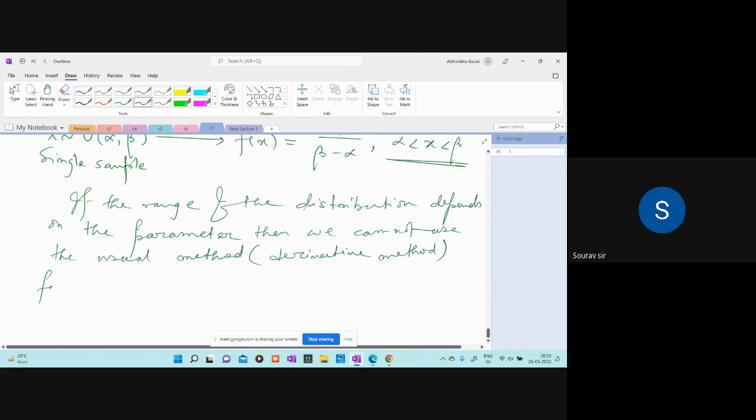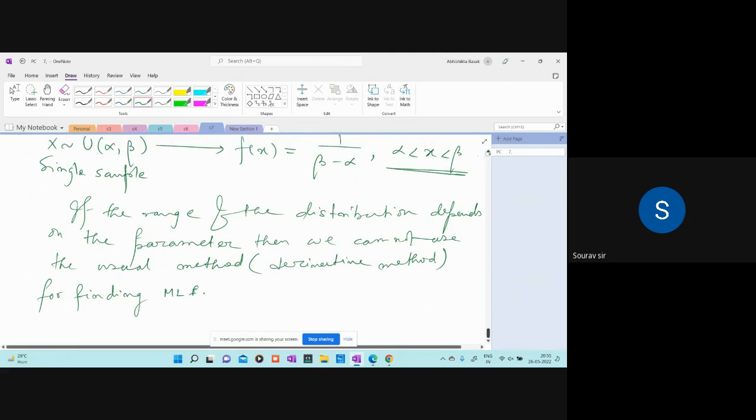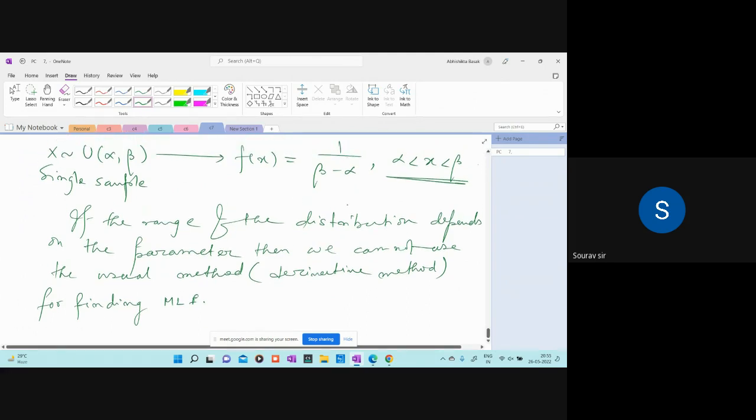Method for finding MLE. If I take the log of this particular function 1 by beta minus alpha, and do the partial derivative with respect to alpha and beta, obviously it will become 0 or 1, something like that. I won't get any equation giving me alpha equals something or beta equals something. So I can't use the derivative method for finding alpha and beta.